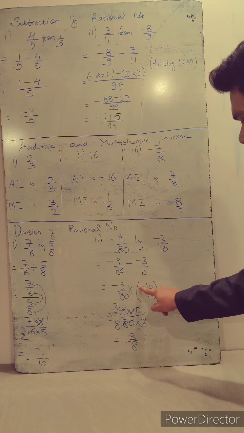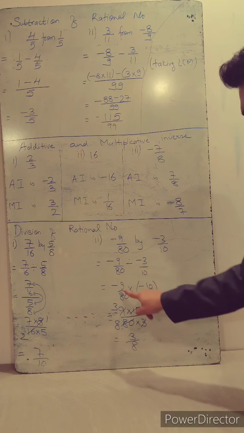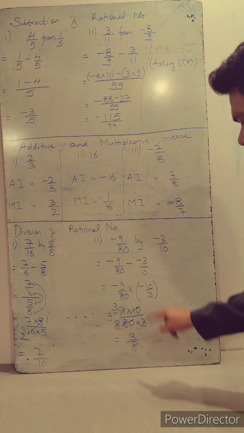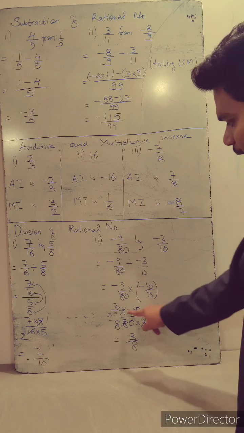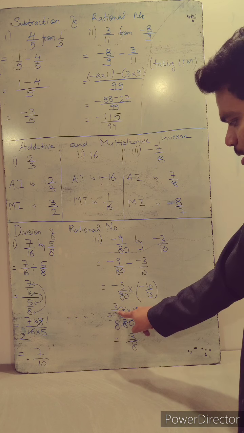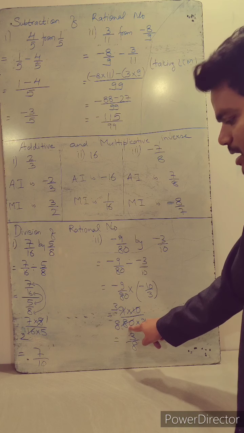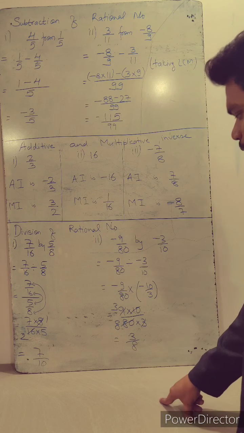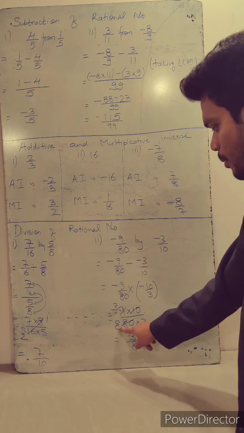Then minus into minus becomes plus. So we have 9 multiplied by 10 upon 80 multiplied by 3. 3 and 9 are divisible by 3. 3 1 time 3, 3 3 times 9. And 10 and 80 are divisible by 10. 10 1 time 10, 10 8 times 80. The final answer is 3 upon 8.